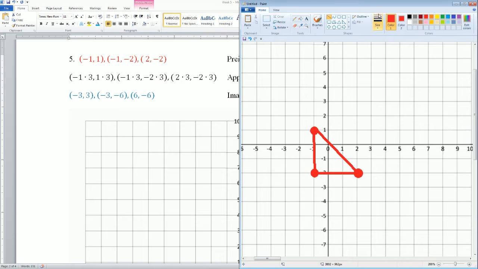Alright, now I'm going to graph the new one, which I'm going to make blue. -3, 3. -3 in the x, 3 in the y. Okay. -3 in the x, -6 in the y. +6 is right here. -6 is right here. Now I'm going to connect.